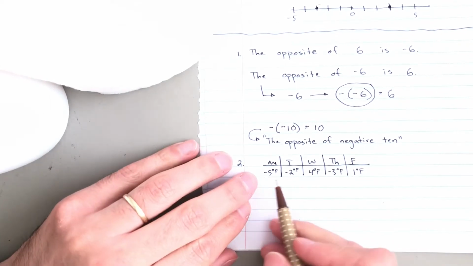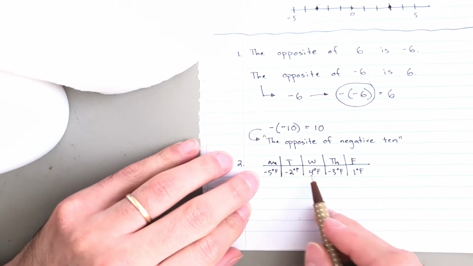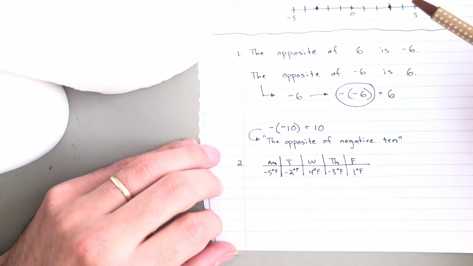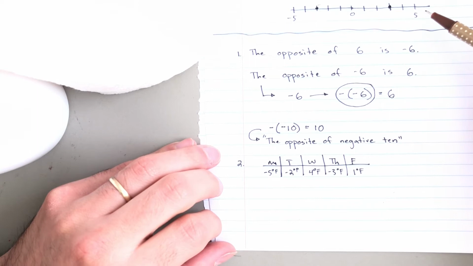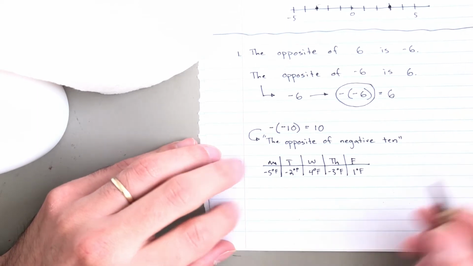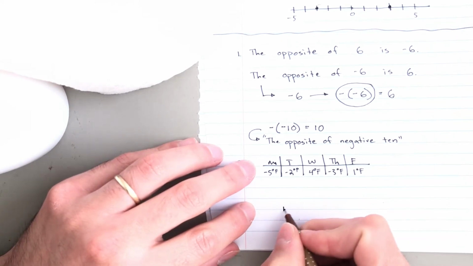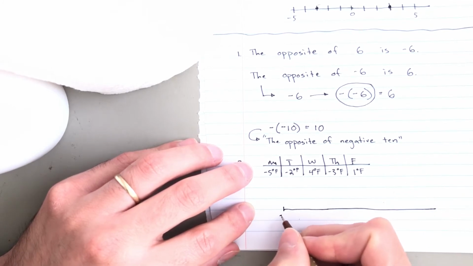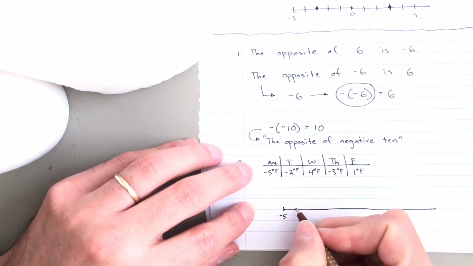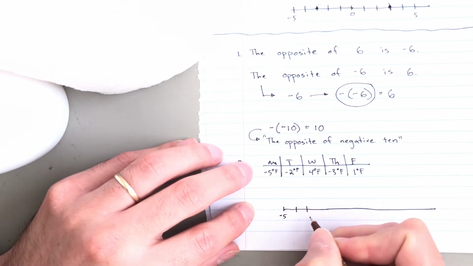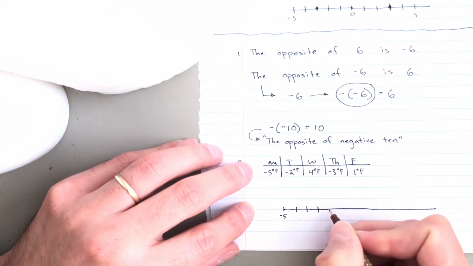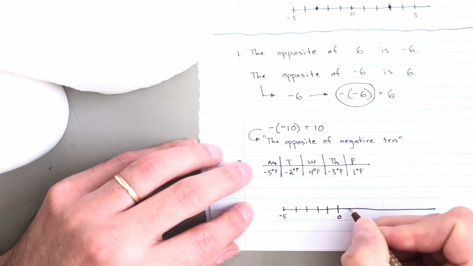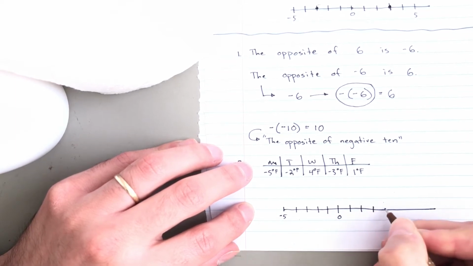So our smallest number is -5, our biggest number is 4. So I would just go, just like I did above, a -5 to 5 number line. So I'm going to start here. -5, -4, -3, -2, -1, 0, 1, 2, 3, 4, 5.